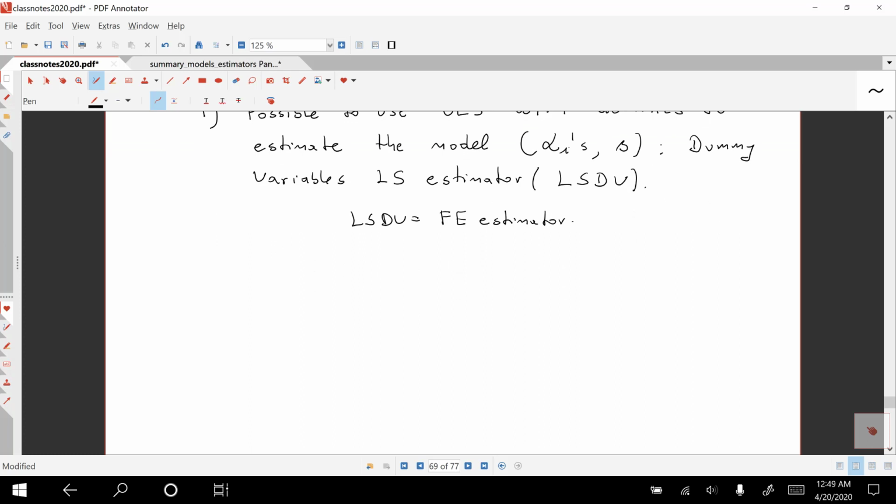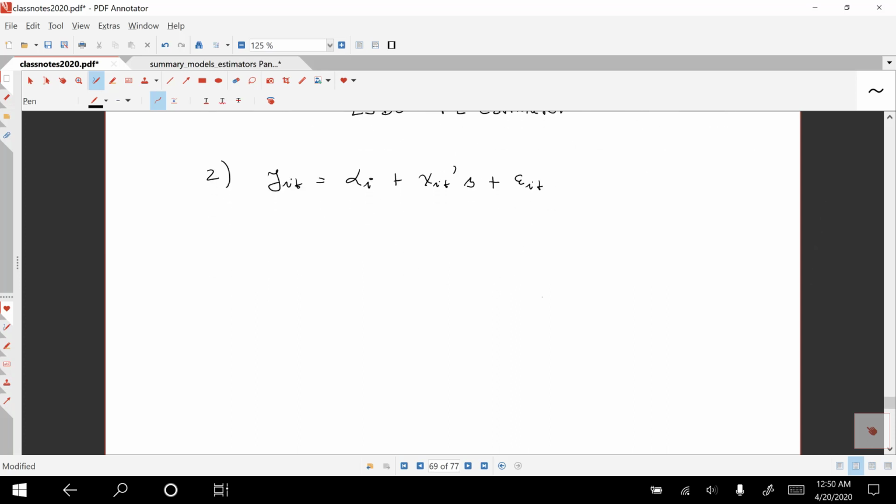The second thing is that so far we have pretty much ignored the potential for having some time-invariant explanatory variables that are observable. Remember, in the context of the fixed effects model, we can think of two components getting into that intercept.